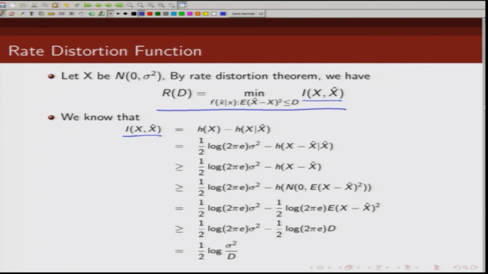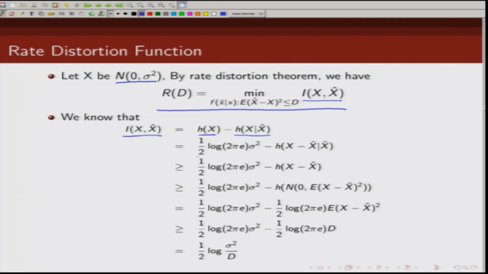So the mutual information between X and X hat is given by the differential entropy of X minus the differential entropy of X given X hat. Now X is a Gaussian source, 0 mean, variance sigma square.